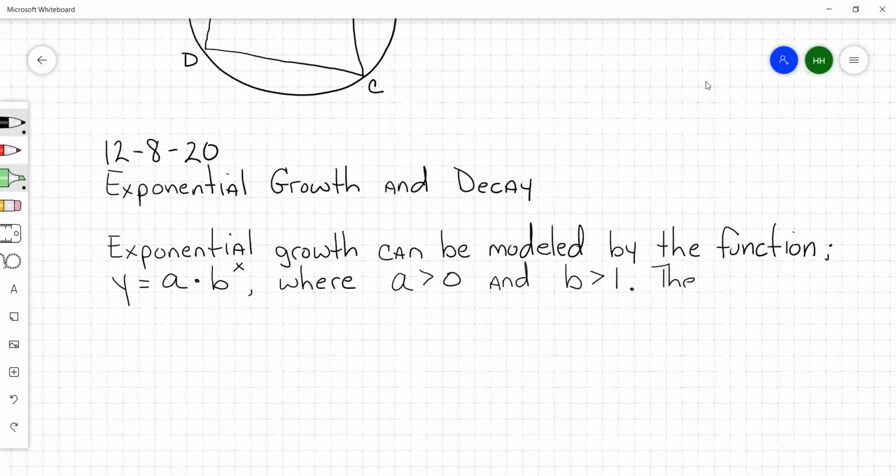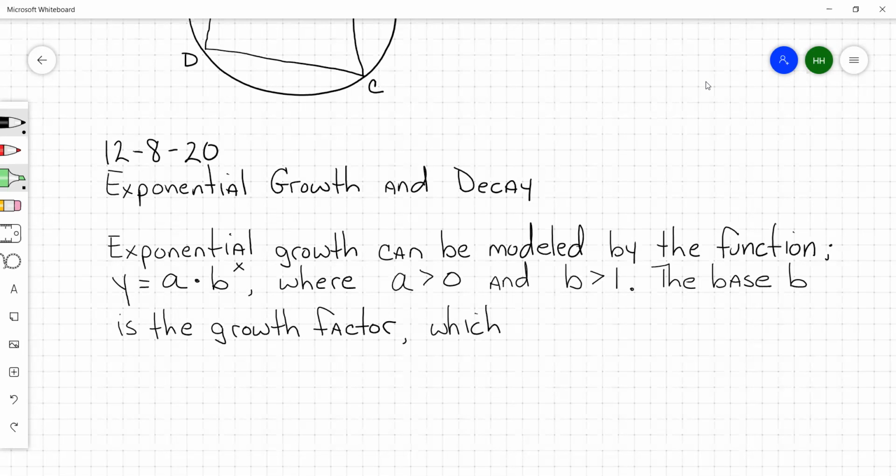The base b is the growth factor, which equals 1 plus the percent rate.